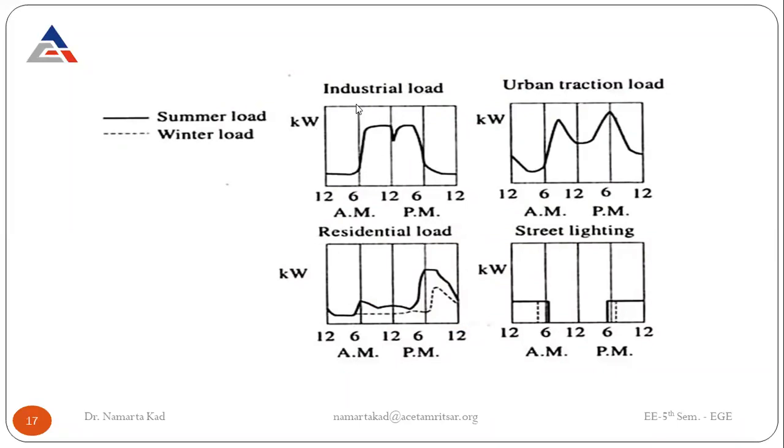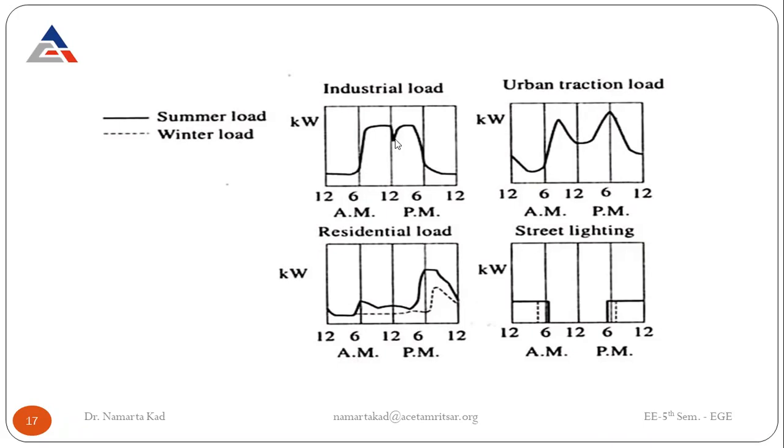Let's see, for the industrial load, we know that generally most of the industries start around 6 to 7 a.m. So from this load curve, the load starts increasing after 6 a.m. Then it reaches its constant maximum point. Then it shows a little decrease around 12.